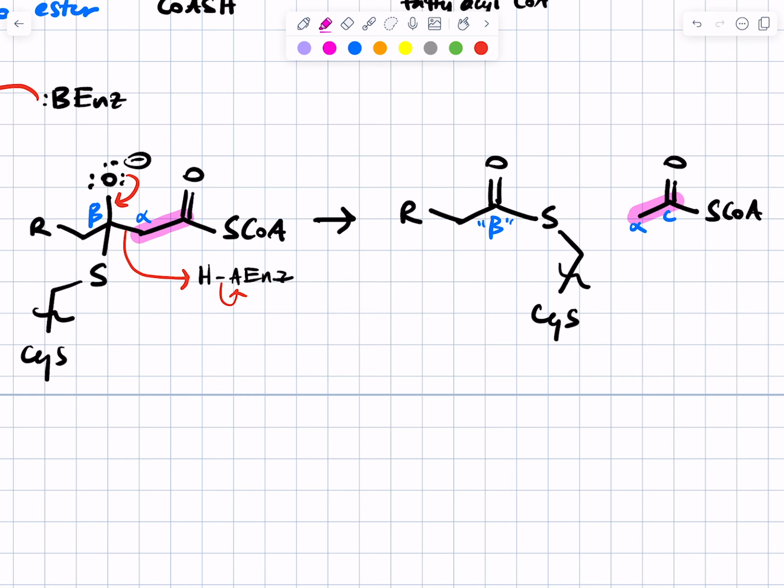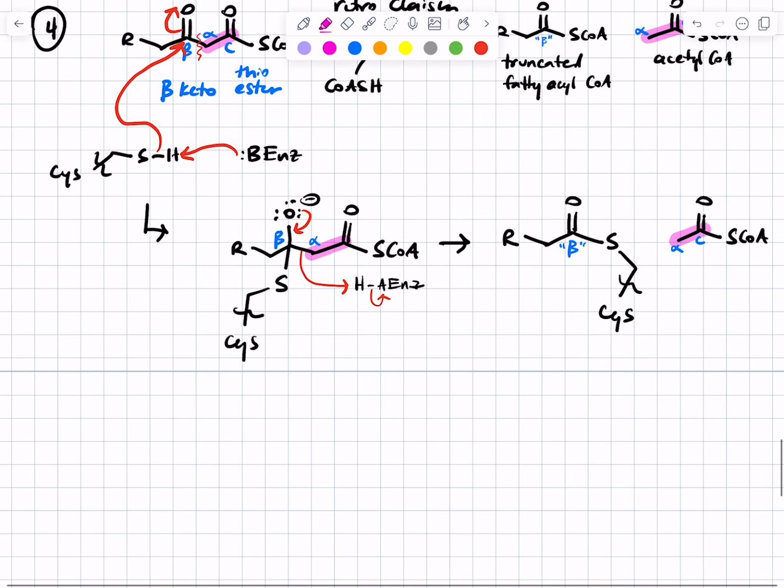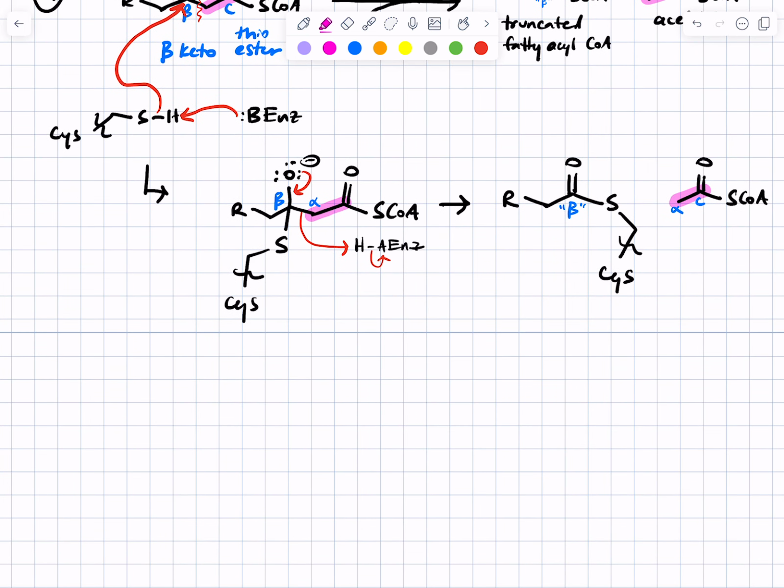Now all that's left is a simple nucleophilic acyl substitution reaction. We want to liberate the fatty acyl thioester from the enzyme so that the enzyme can do additional chemistry. And so a base will remove the proton from coenzyme A, which will attack the carbonyl carbon.